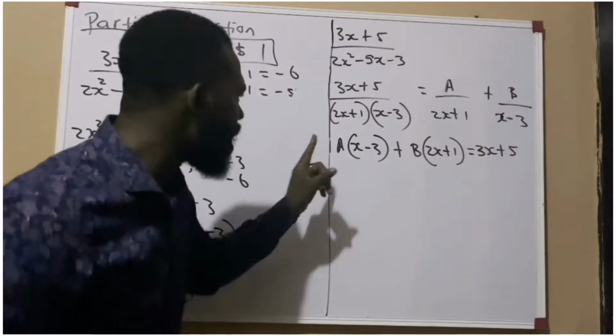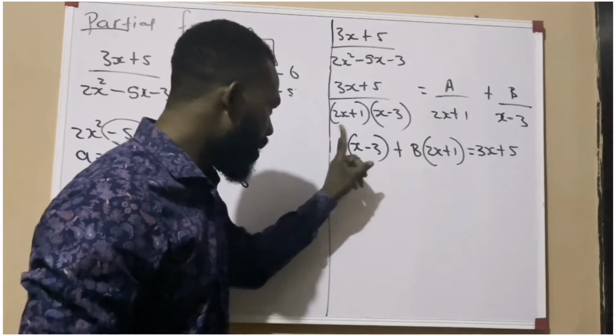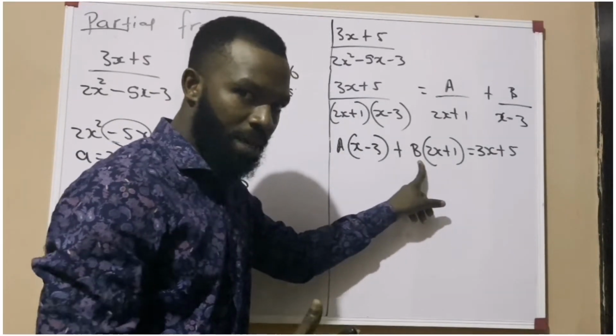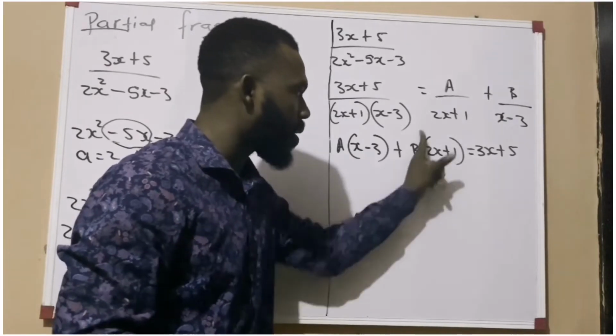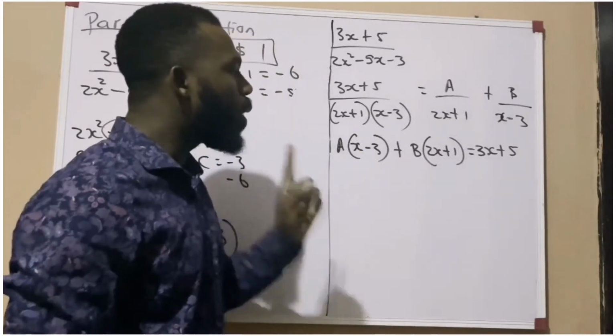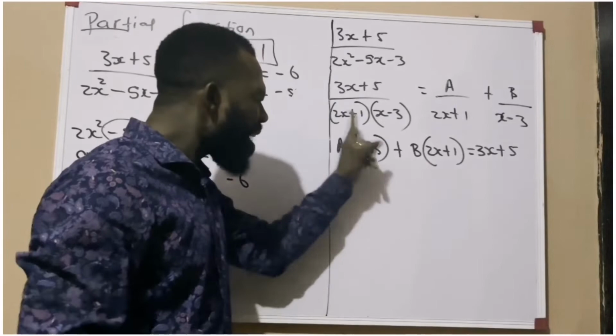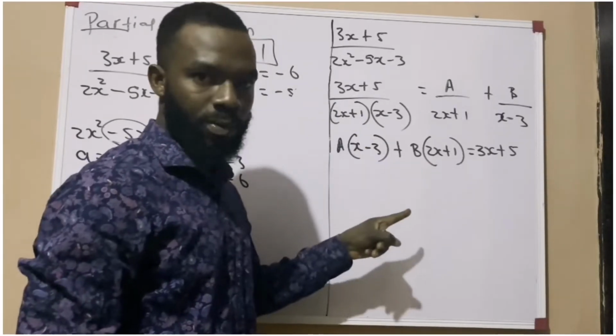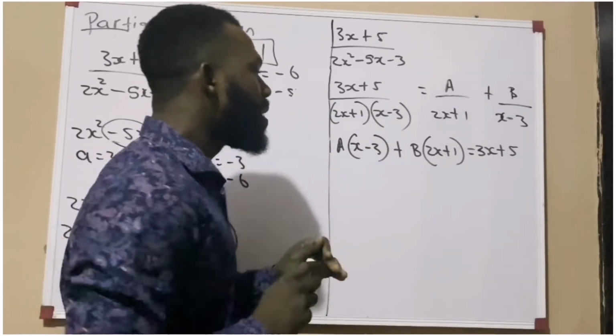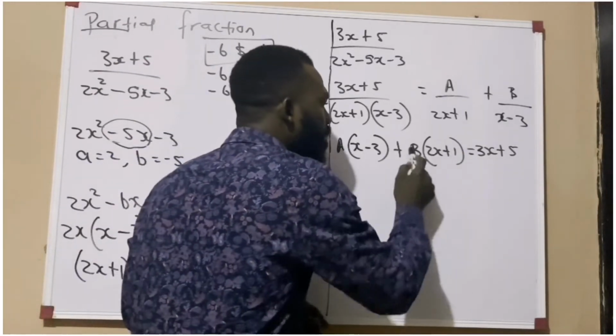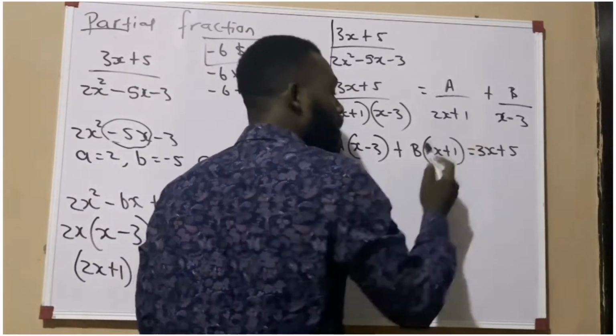Now, if we want to get A, it means we will eliminate B. What does that mean? It means we'll make everything here become 0. And if we want to get B, it means we'll make everything here become 0. Now, first we want to get A. For us to get A, our aim is to make everything of B become 0.